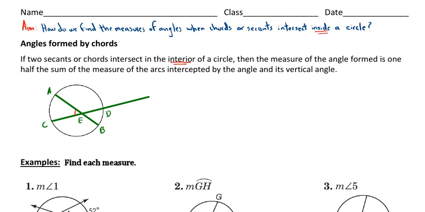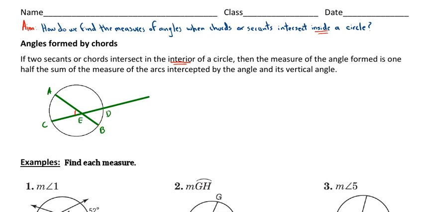the arcs that are intercepted by this angle, which is this arc AC, and the other arc that is intercepted by the vertical angle to this one, which in this case would be arc BD.